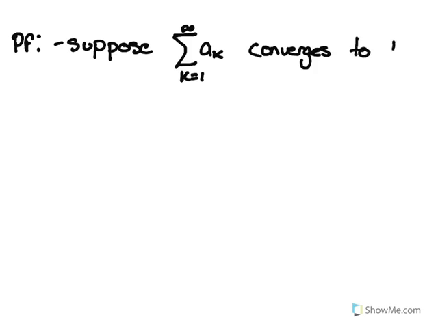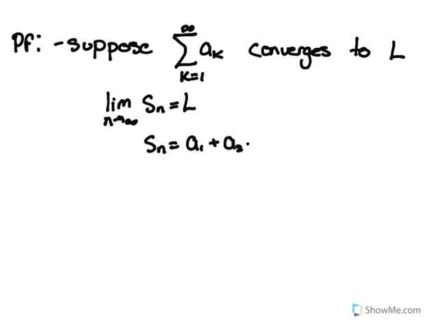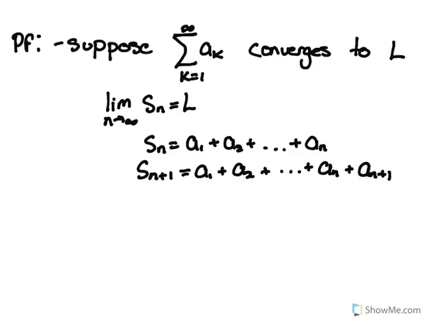Suppose the series sum of a_k from k equals 1 to infinity converges, and it converges to some value, let's say L. So we know that the limit of the partial sums S_n is equal to L. Now the partial sum S_n is equal to a_1 plus a_2, all the way up to a_n, and S_{n+1} is equal to a_1 plus a_2, all the way up to a_n plus a_{n+1}.